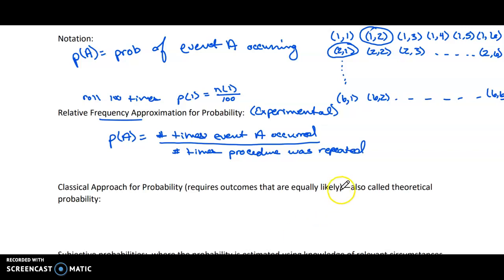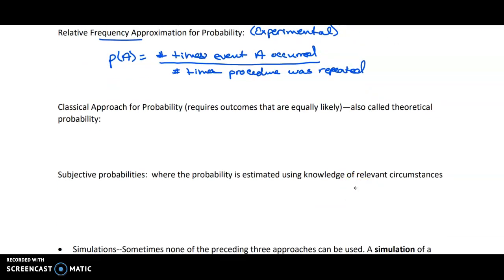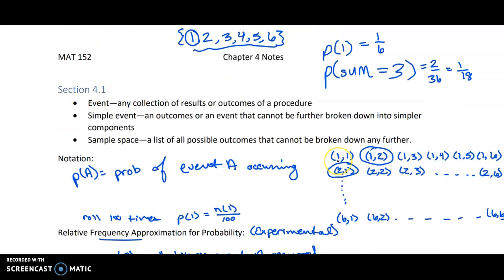A classical approach, which is also called your theoretical approach. So in a perfect world, what should have happened? This is where you're going to use that sample space. And we said before that if we wanted the probability of 1 and we were using the classical approach, there's one way we could get a 1 out of the 6 possibilities. And that goes back to what does our sample space for that event of rolling a die look like.